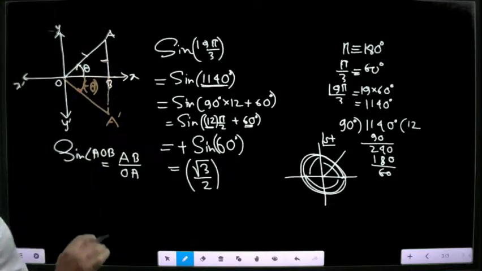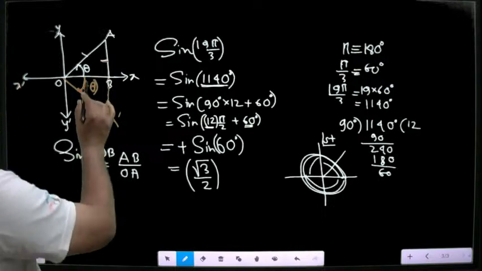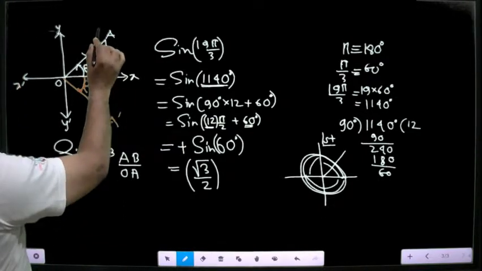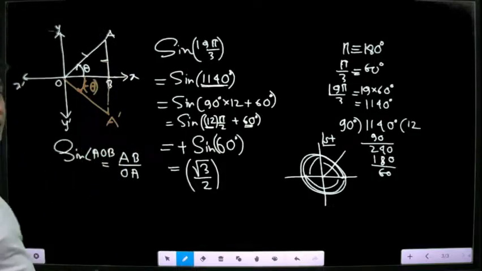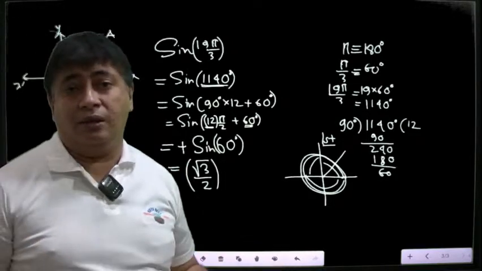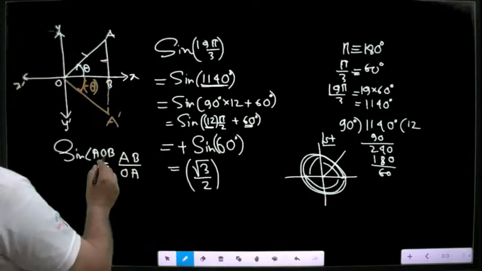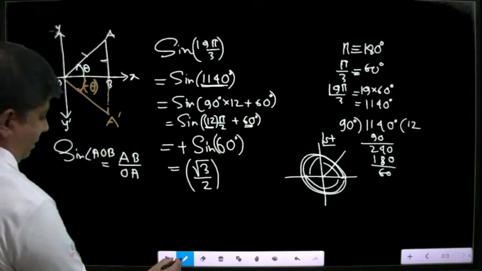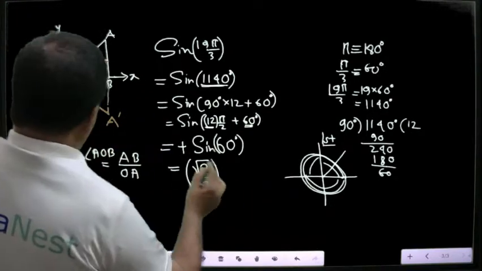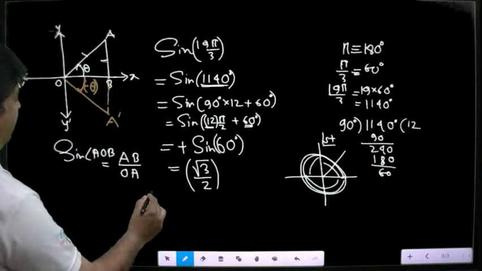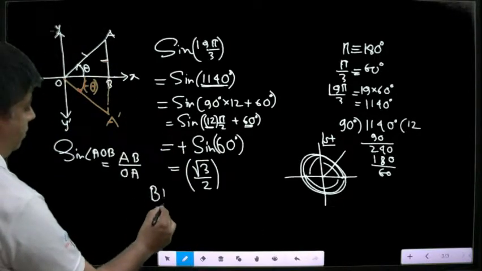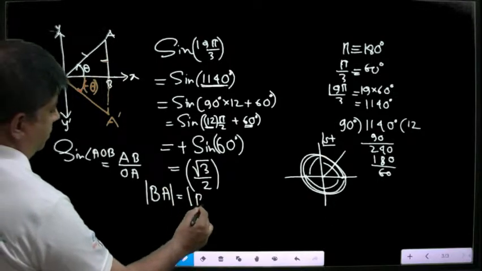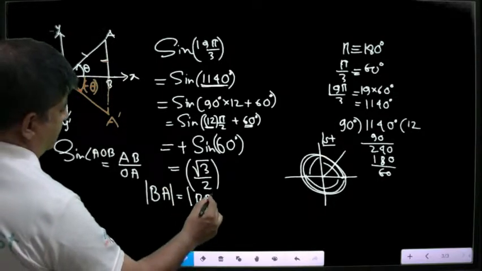Now you know in the coordinate system, if you go upwards, it is positive. If you go downwards, it is negative by direction. By magnitude, they are the same. BA, magnitude equal to BA dash.